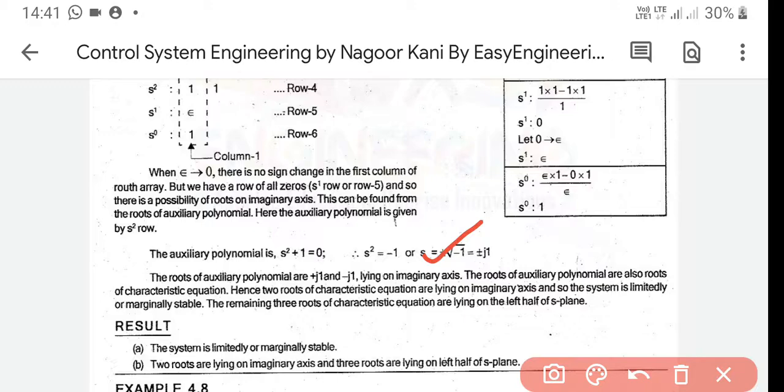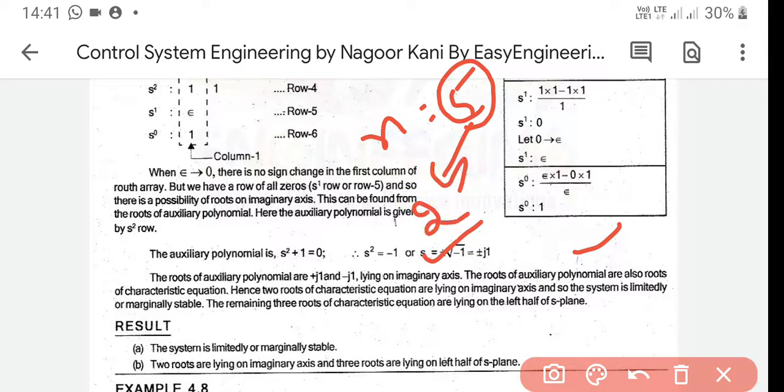You have already seen that the roots of the auxiliary polynomial are nothing but roots of the characteristic equation. How many roots do you have here? N is equal to 5. In these 5 roots, if 2 roots are lying on the imaginary axis, the remaining will be 3 roots, right? If 2 roots are lying on the imaginary axis, you are saying that the system is a limitedly or marginally stable system, and the remaining 3 roots are lying on the left hand side of the S plane, because there are no sign changes here.